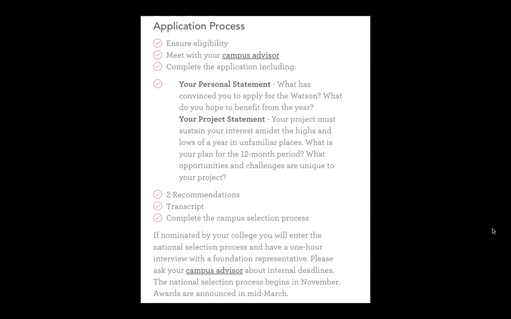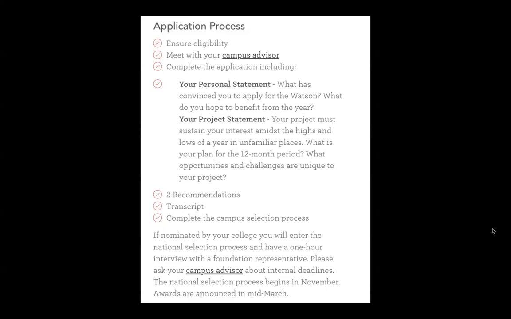And when you read those two, you start seeing something that's very important, and again, very Watson, that the two really intersect. Basically, when you write your project statement, it should lead you to explain why that project is for you, right? Given who you are, that's your project.